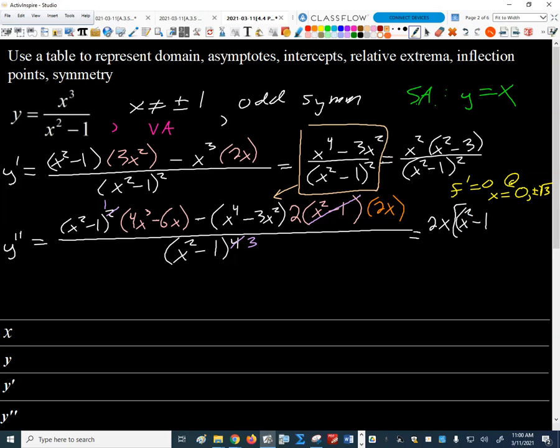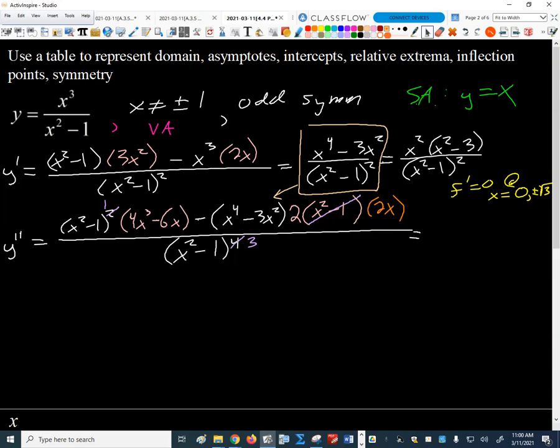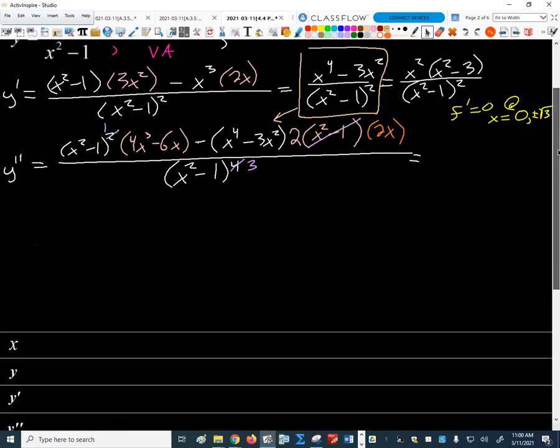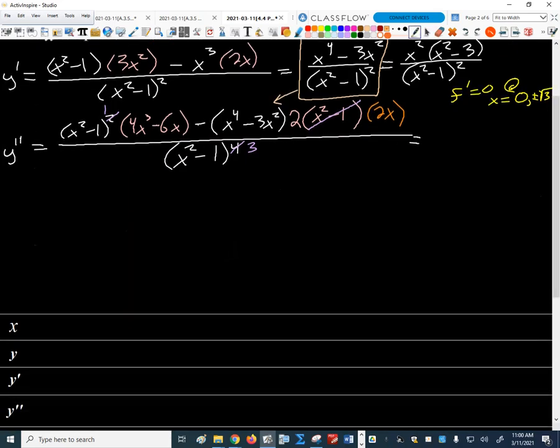Yeah, I'm going to have to go down to the next line. That's going to be too hard to read. So we'll take out that 2x. And then what am I left with? So here's the minus sign that's separating the two terms from quotient rule, right?